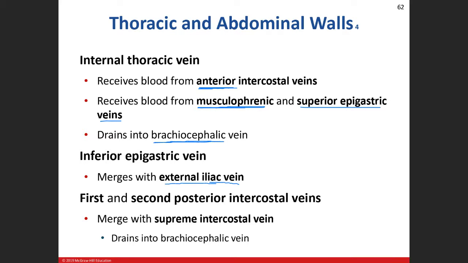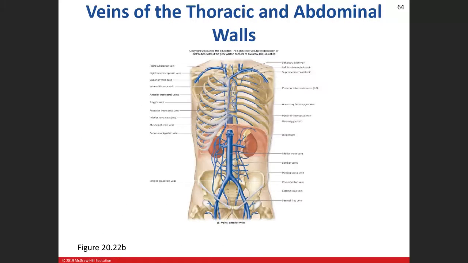And then our first branches here, the posterior intercostal veins, come off of the supreme intercostal vein, which again is going to drain into the brachiocephalic vein. I'll show you pictures of this. All right, real quick here, and then we'll talk about the azygos veins, because those are new.